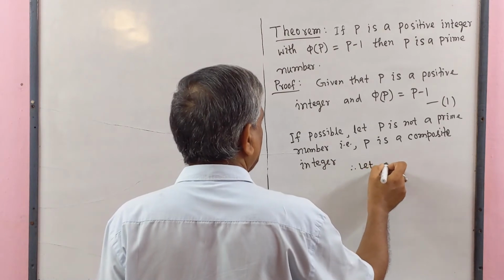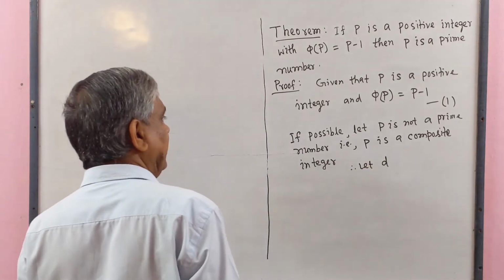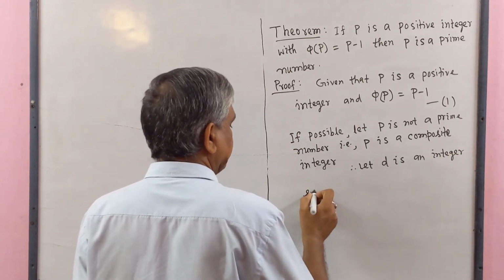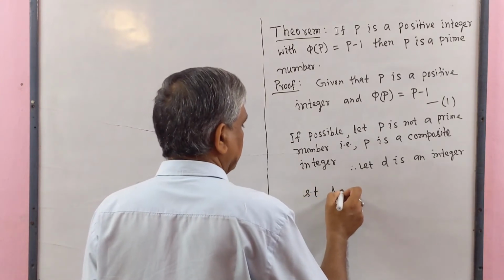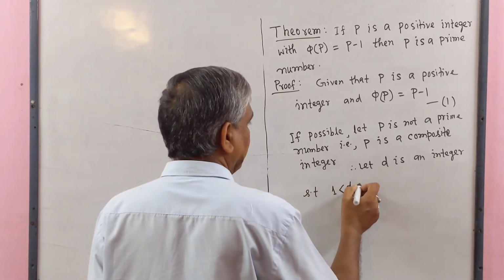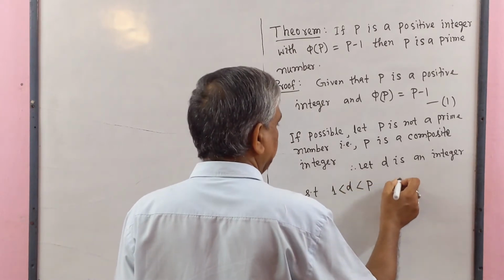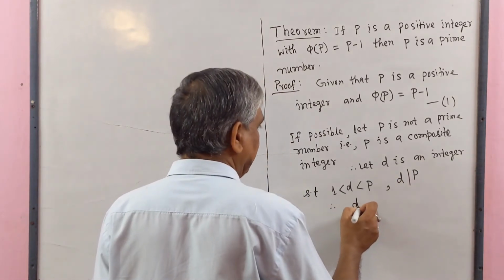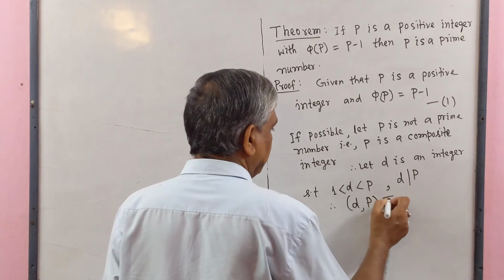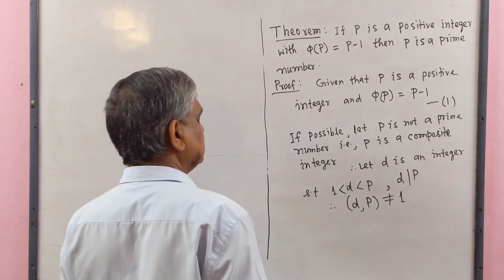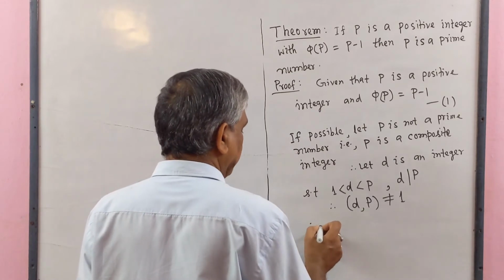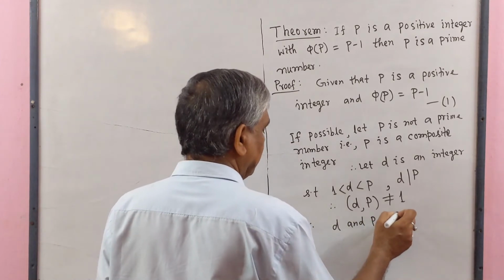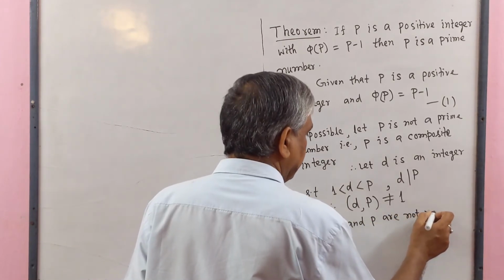Let d be an integer such that d is greater than 1 and less than p, and d divides p. Therefore, GCD of d and p is not equal to 1. Therefore, d and p are not relatively prime.